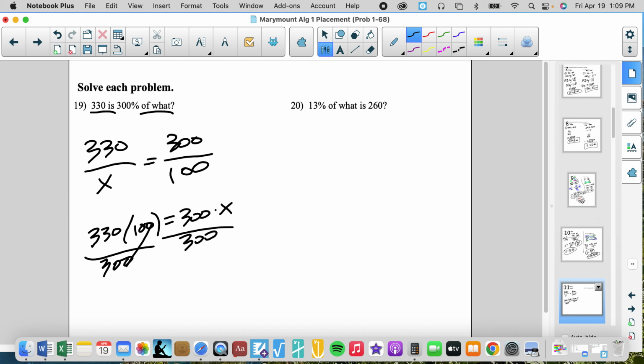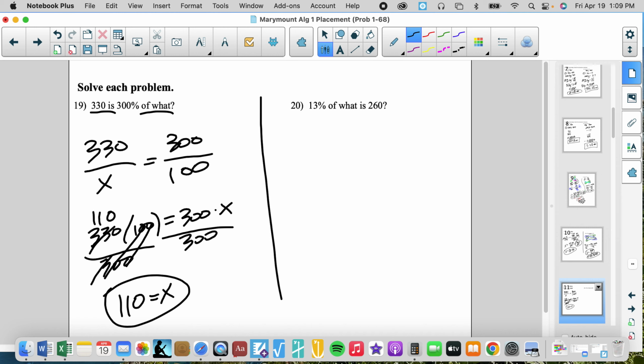Those zeros cancel. This 3 can cancel into here, which is 110. So it equals 110. No calculator needed. That was way too easy.